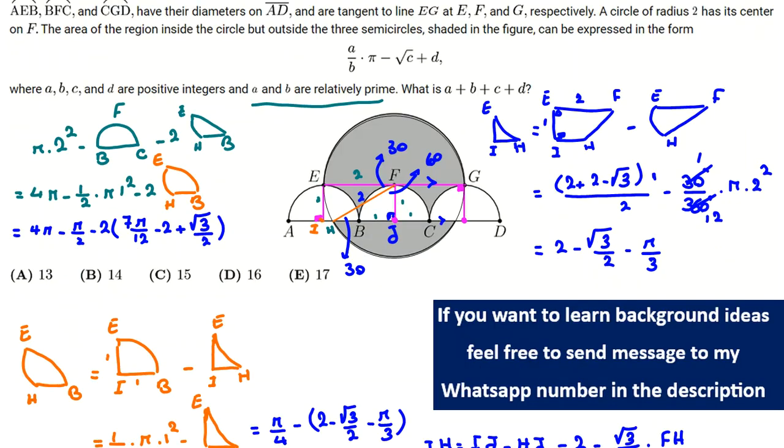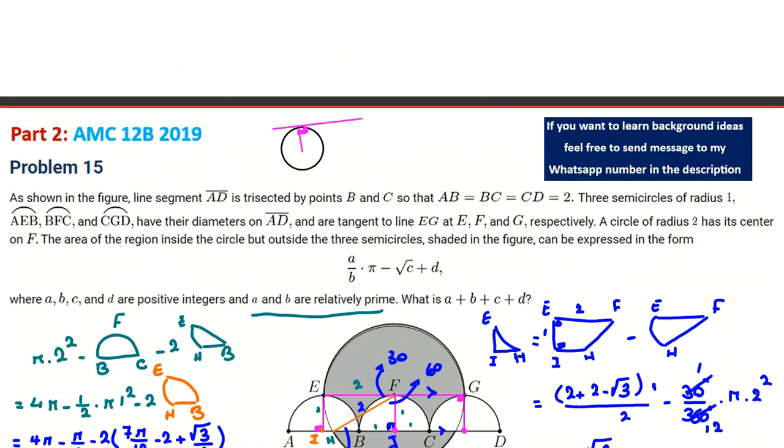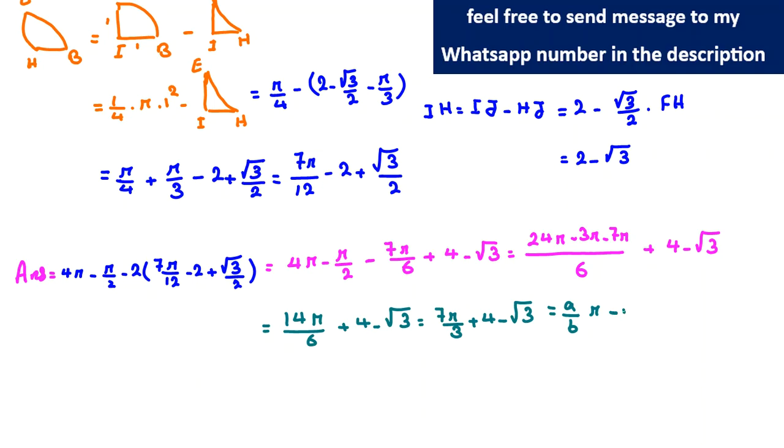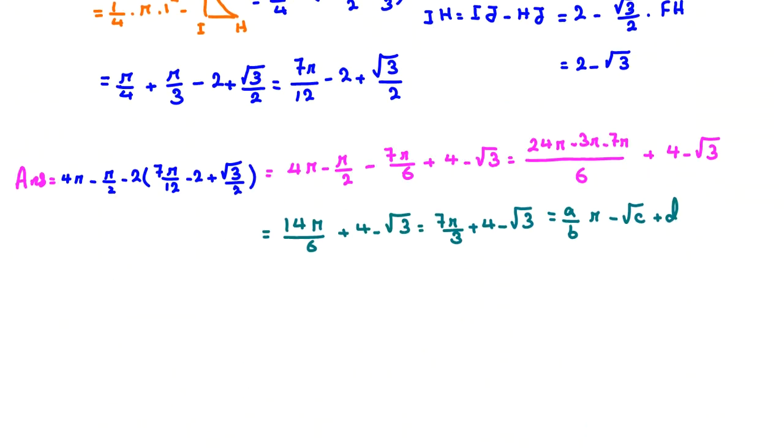So let's write it. It is a over b pi and then minus root c plus d. And we should find a, b, c, d. The problem wants a plus b plus c plus d here. So a is what if we compare these two terms? A is 7. B is what? B is 3. Negative root 3, negative root c.